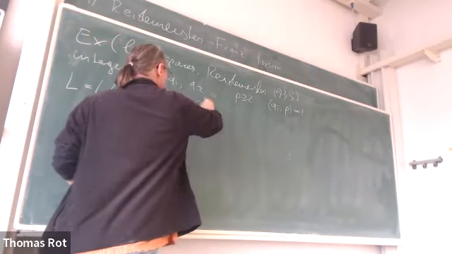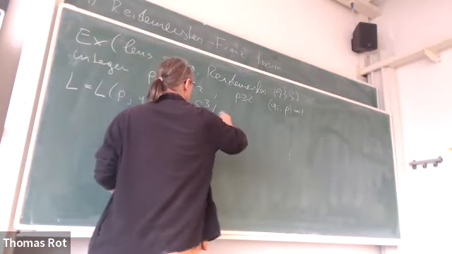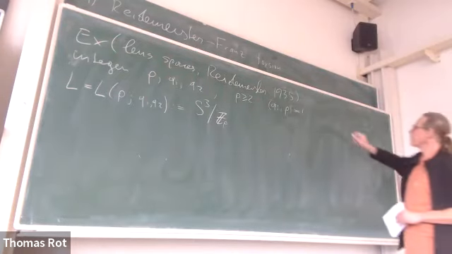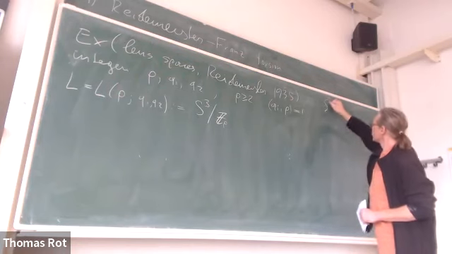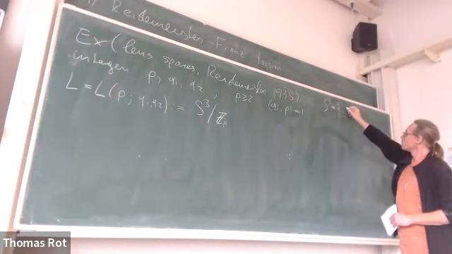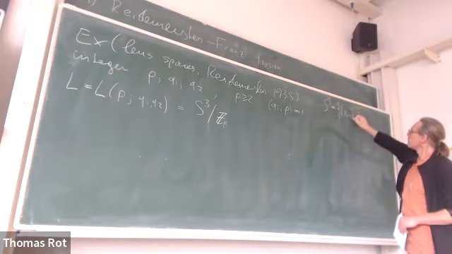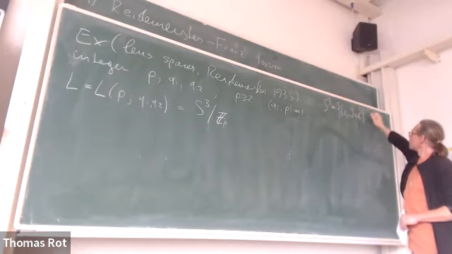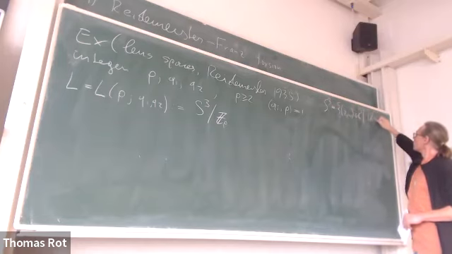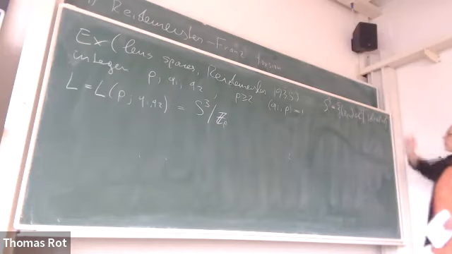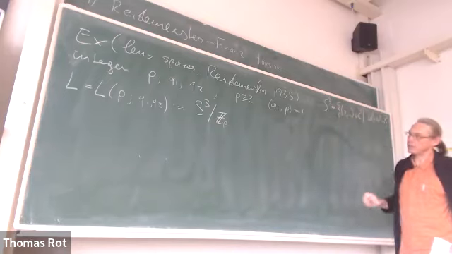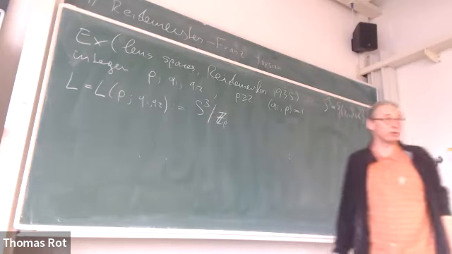It's a quotient of the sphere S3 by a certain action of the group of residues mod P. So we think of the sphere as sitting in complex two-dimensional space. So this is the space of all (z, w), complex numbers, such that |z|^2 + |w|^2 = 1. It's our sphere. And this group here, residues mod P, acts on this sphere in a manner that's specified by these numbers Q1 and Q2.